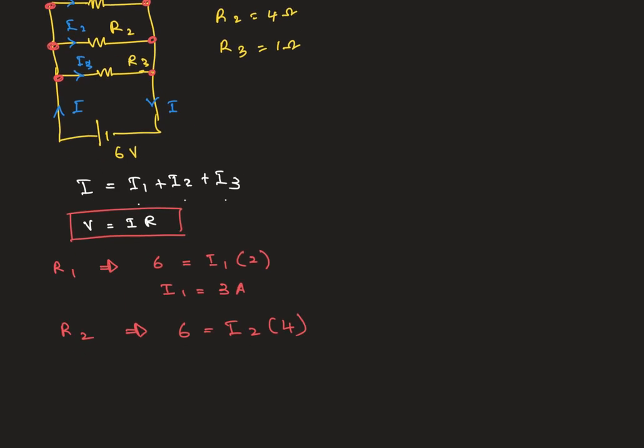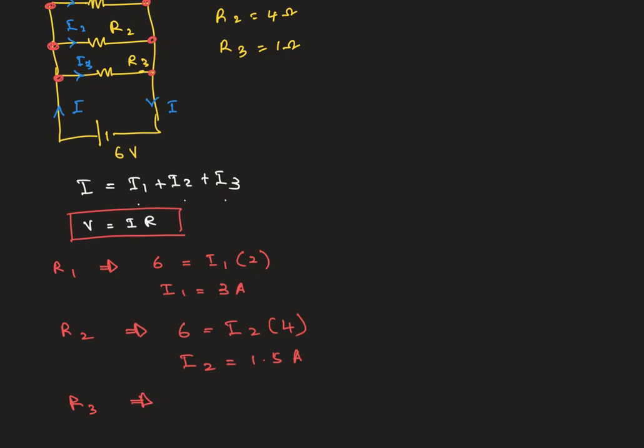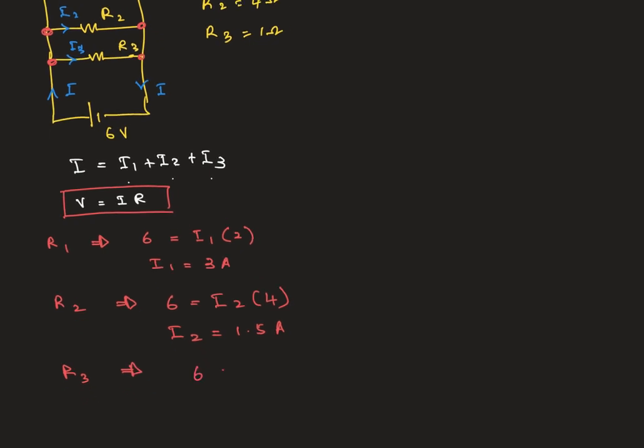So you get I2 equals 6 divided by 4, that would be 1.5. And then you have R3. 6 equals I3, and we took R3 as 1. So I3 equals 6.